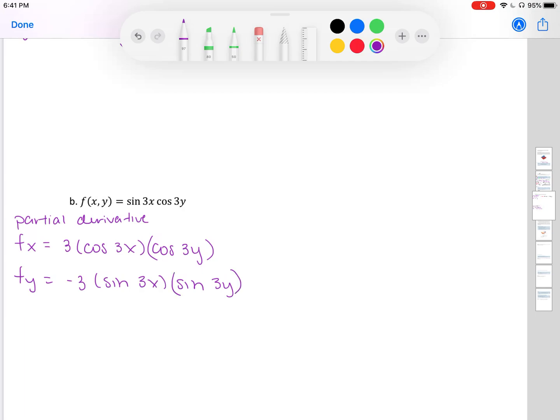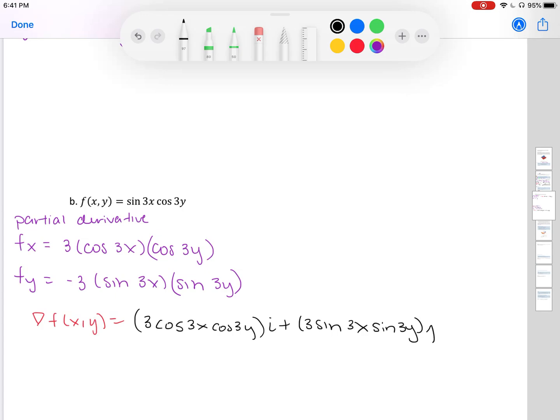Alright, so therefore our gradient of our function, or our del f, is 3 cosine 3x cosine 3y i plus 3 sine 3x sine 3y j.